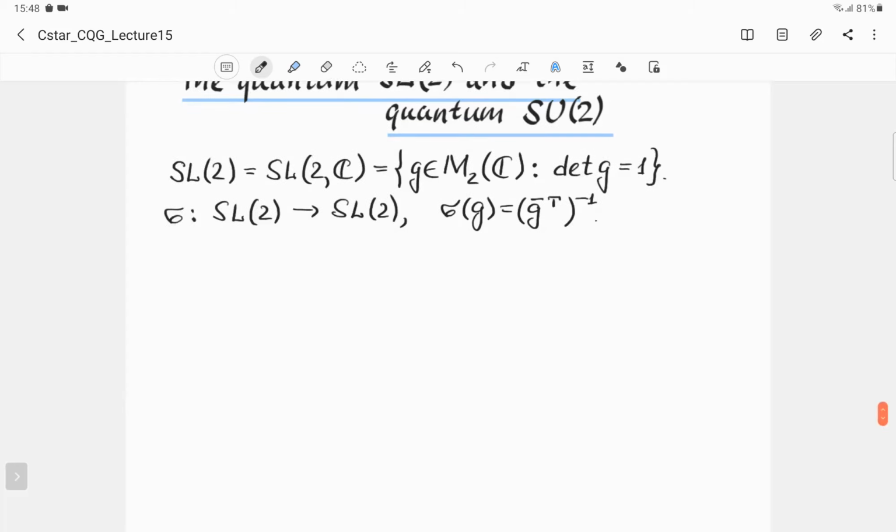By using this map, we easily observe that SU2 is nothing but the set of fixed points of this map sigma, the set of all G in SL2 such that sigma of G equals G.